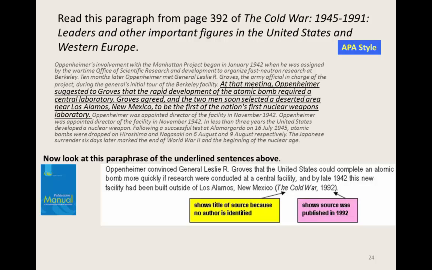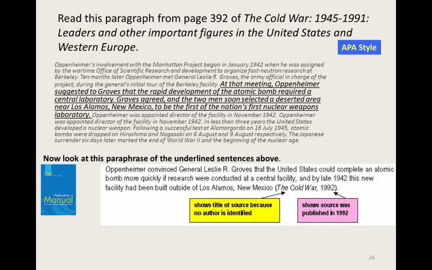Now, look at this paraphrase of the underlined sentence above. Oppenheimer convinced General Leslie R. Groves that the United States could complete an atomic bomb more quickly if research were conducted at a central facility, and by late 1942 this new facility had been built outside of Los Alamos, New Mexico.